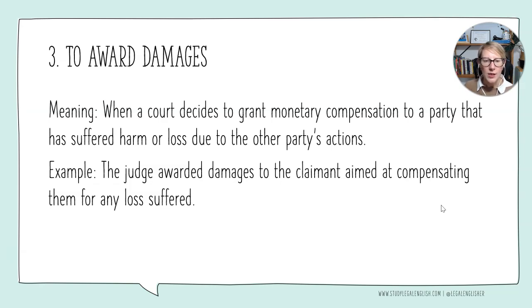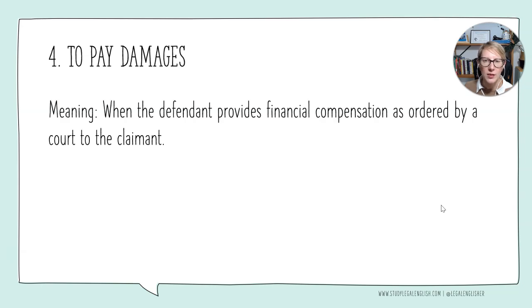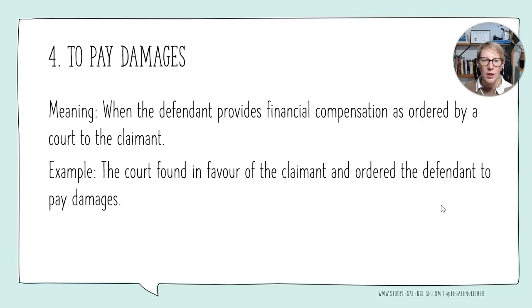Anyway, so let's continue. Number 4, to pay damages. I think it's quite self-explanatory, but the meaning is when the defendant provides the compensation as ordered by the court to the claimant. Okay. An example sentence, the court found in favour of the claimant and ordered the defendant to pay damages.